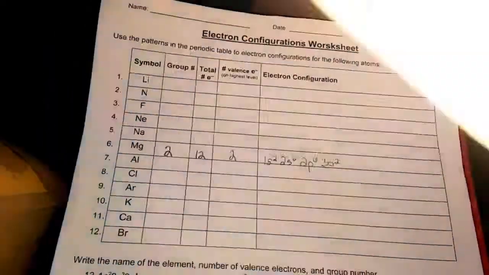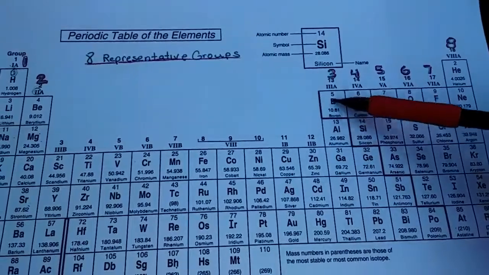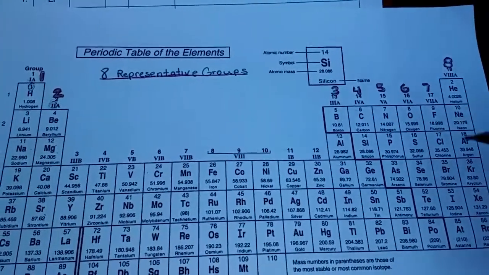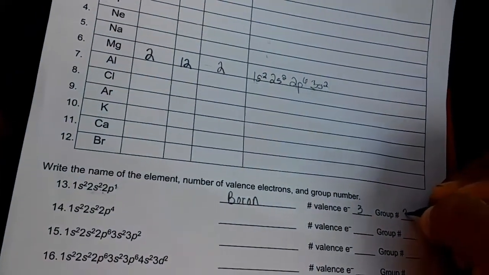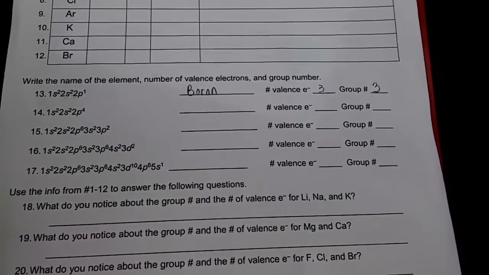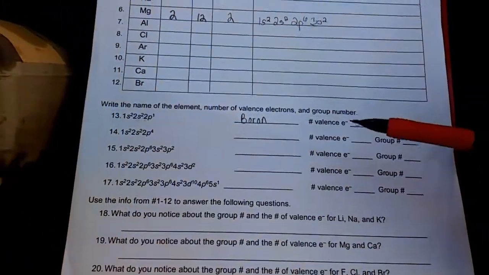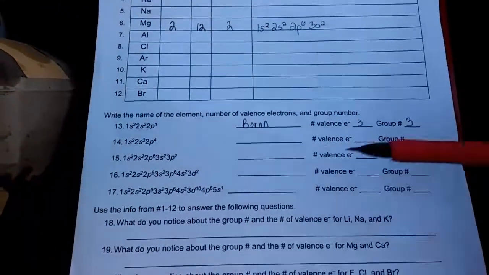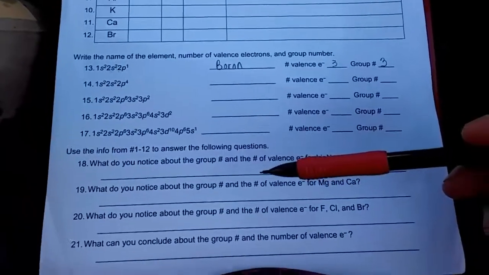I can also look at the group number and know that it's going to be 3 valence electrons, which, by the way, it's also asking me for the group number. And I will write that it's 3. Okay, so that's pretty much what you do for this assignment. And based on the information that you have on this, you're going to go ahead and answer the questions that are here for 18 through 21.